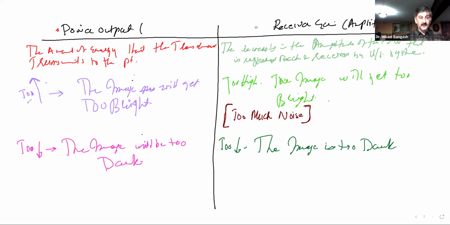Now, if your image was too bright, it could be corrected by reducing the power output, right? Did that make sense?